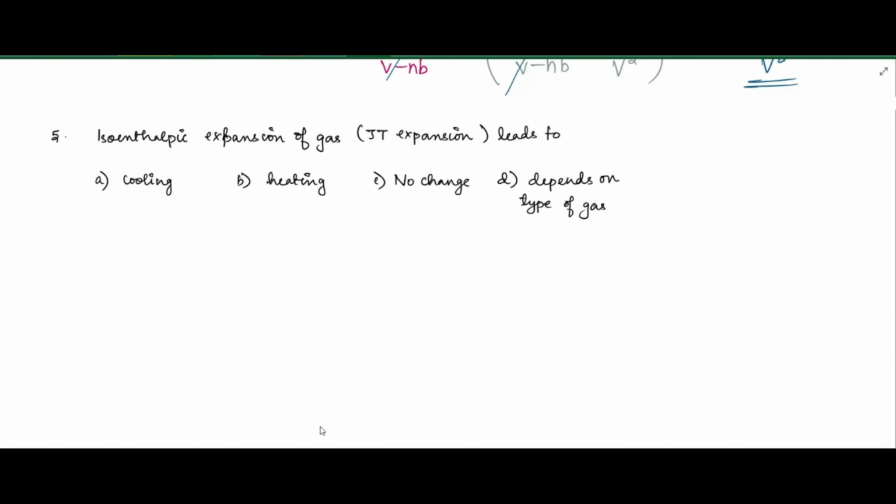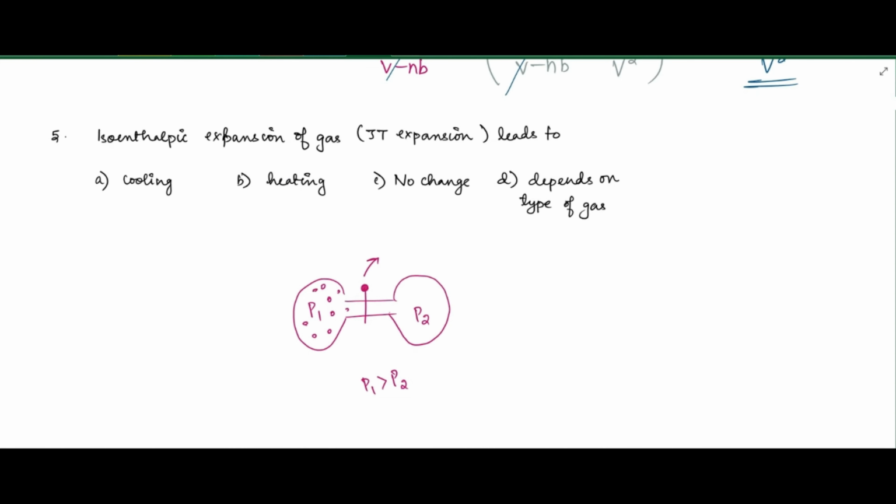Let's say you have a container of this type and you have a stopper over here. Here the pressure is higher and here it is lower, P1 greater than P2, and there are gas molecules over here. Consider an ideal gas, and let's say you remove the stopper.